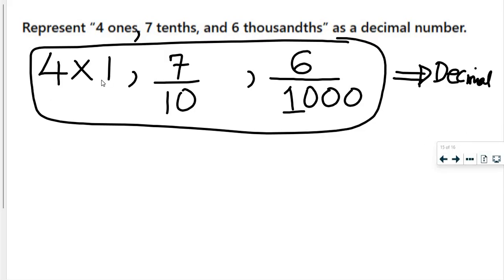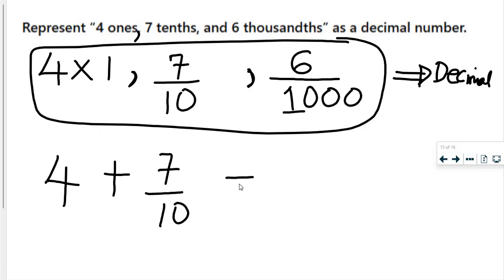Simply do 4 into 1 is 4. This comma, put addition, 7 upon 10. This comma, put addition, then write 6 upon 1,000. So 4 ones will mean 4. 7 tenths will mean 7 upon 10. 6 thousandths will mean 6 upon 1,000.